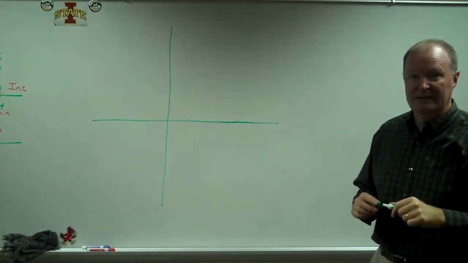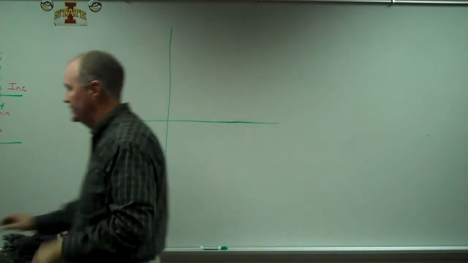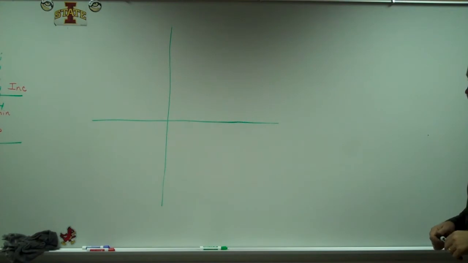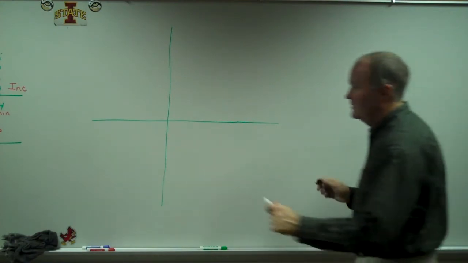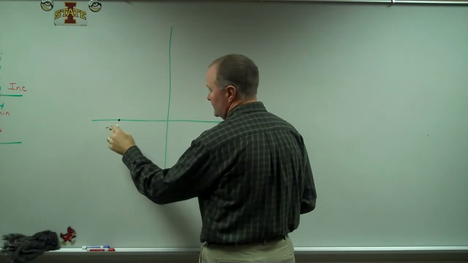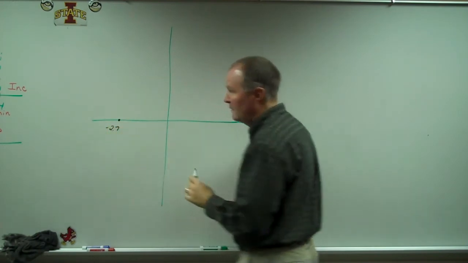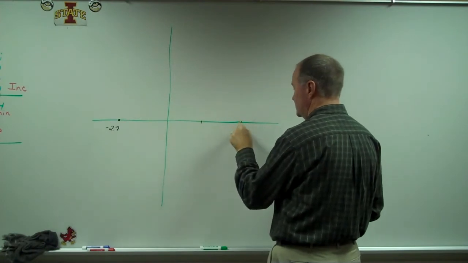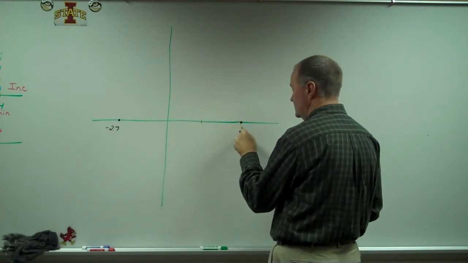All right, plotting points. Who gets first? We got a bazillion of these, right? 2.7, negative 2. Do we have to write in the numbers too then? Yes.